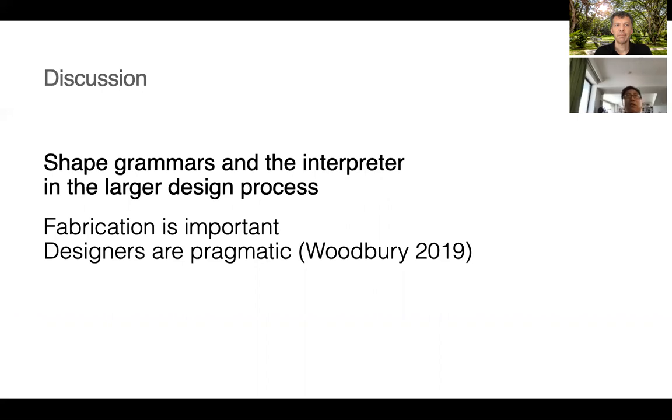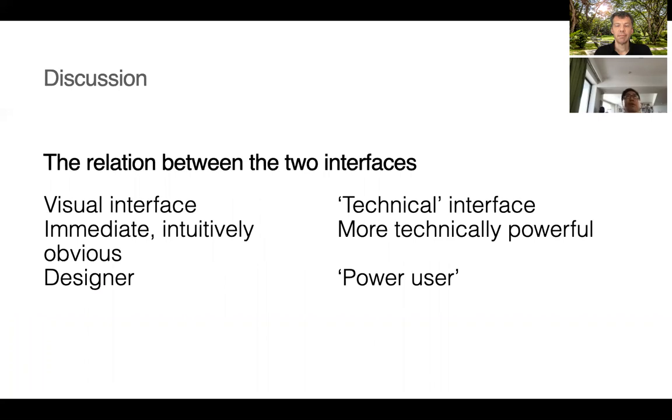They're not interested in technical shape grammar stuff the way we are. That's why we're developing the tools, but we want them to use them. The other big thing we need to think about is the relation between these 2 interfaces. We have one that's visual and one that's technical, one that's immediate and intuitively obvious, and one that's technically powerful.